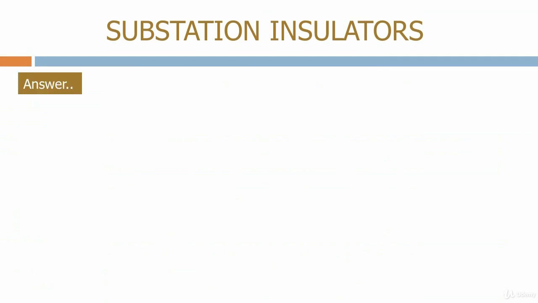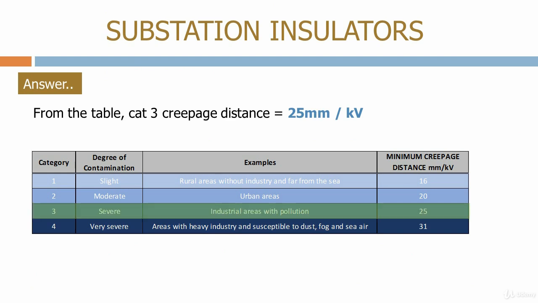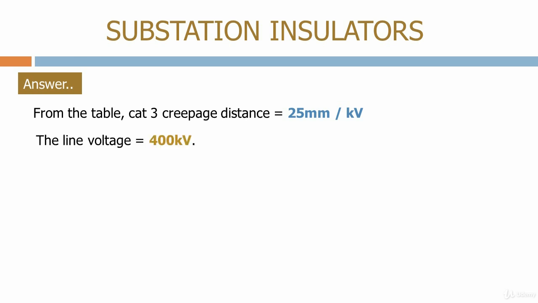Here's the answer. From the table, Cat 3 creepage distance for an industrial area with pollution equals 25 mm per kV. The line voltage equals 400 kV. But what's actually being applied to the insulator? Well, it's not the line voltage, it's the phase to ground voltage.